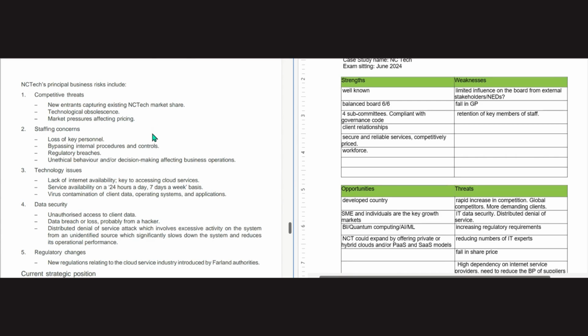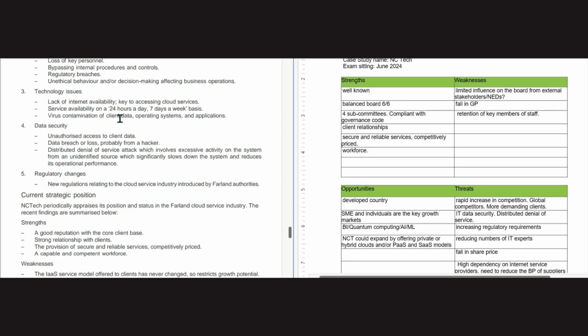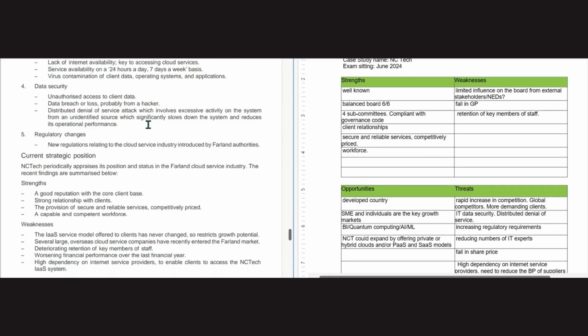Again, I wouldn't spend too long on this at the moment because we will review it before we go into the exam, but there's no way that we're going to be expected to remember all of these risks. Okay, the fact that they tell us about risks, the fact that they have a risk committee, however, strongly suggests that there is going to be a question, or certainly part of a question, on risk and risk management. So make sure that you are familiar with that area.